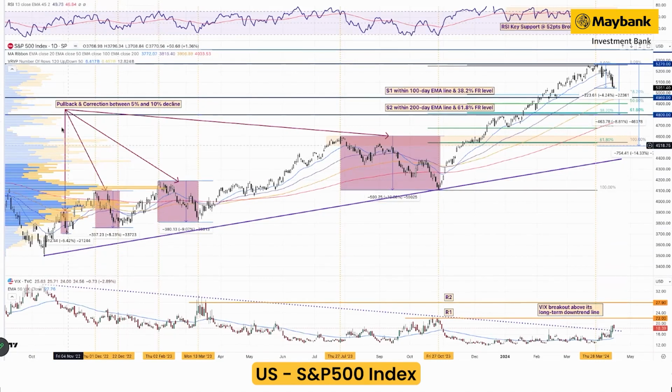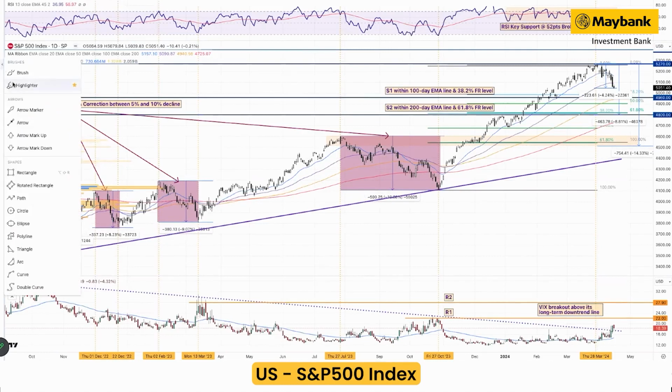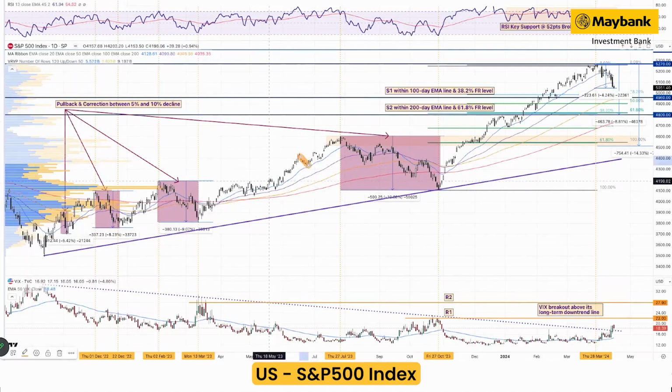What I mean by pullback is the minor pullback, something like this, often occurring within quite a limited range of 2 to 3%. But occasionally we've seen much bigger pullback or correction moves.